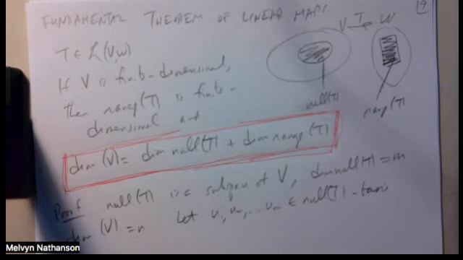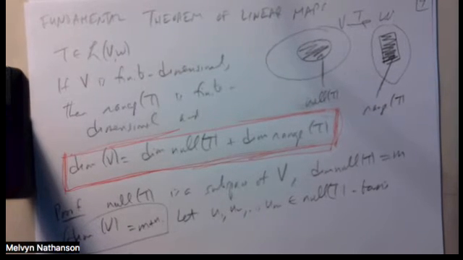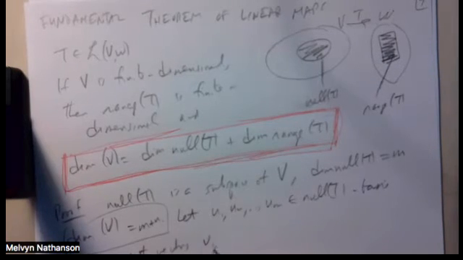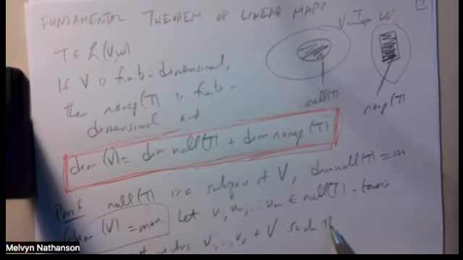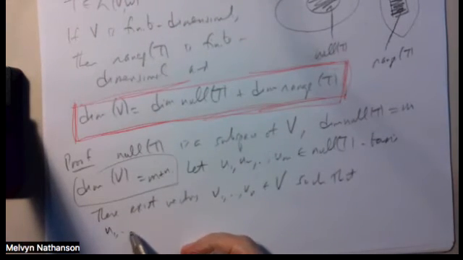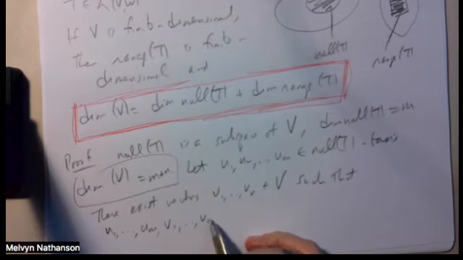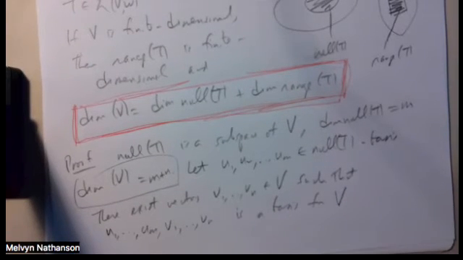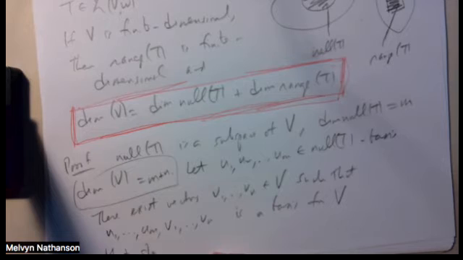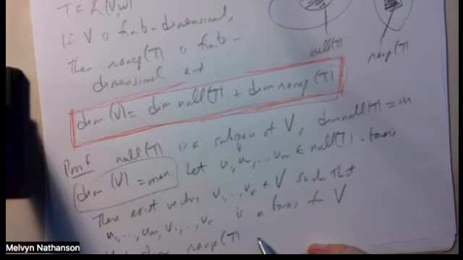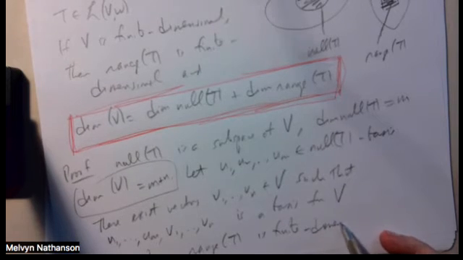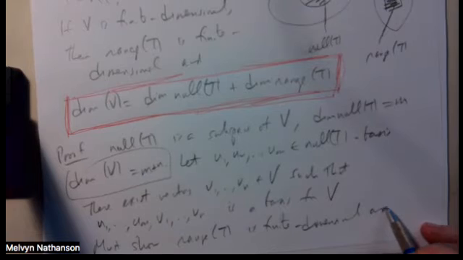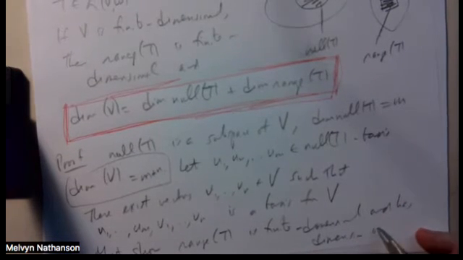Actually, just to follow the notation, the dimension of V is going to be M plus N. So there exist vectors V1 up to Vn in V such that U1 up to U sub M together with V1 up to V sub N is a basis for V. And we must show that the range of T is finite dimensional and has dimension equal to N.